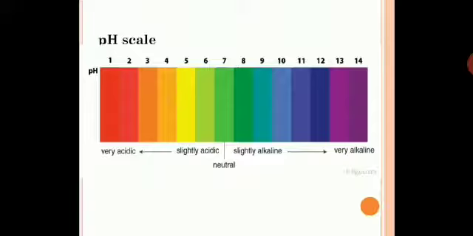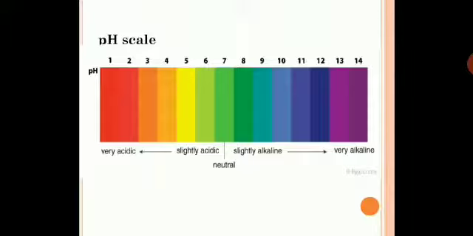Over here you can see green color is neutral, slightly alkaline you will get deep green color, then blue you will get at 10, 11, 12, which will be a deep blue, then you will get a higher range of violet, purple like that on 13, 14, very alkaline.